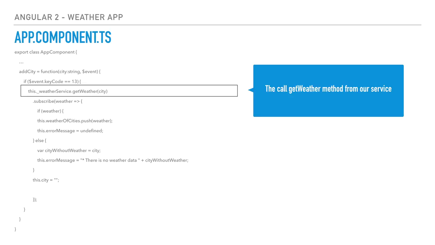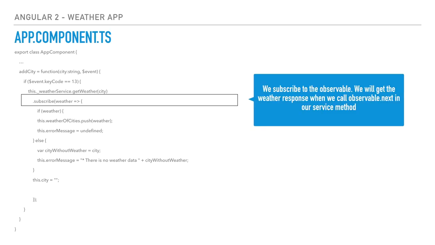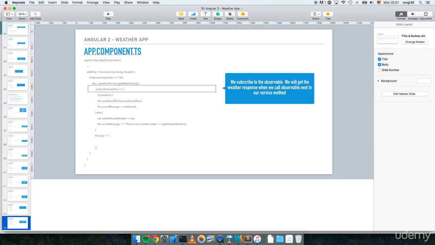So we have to subscribe. This is super important. We have to subscribe to the stream of data that is dispatched from the service. And after that, yes, we can process the weather and put it in the array as we had before. So this is everything that is prepared in the slides, and let's code a little bit for the final round of our code.